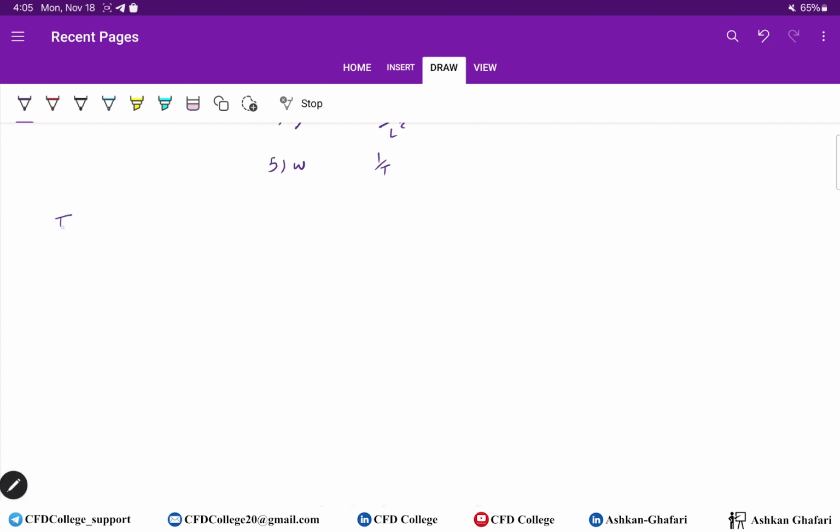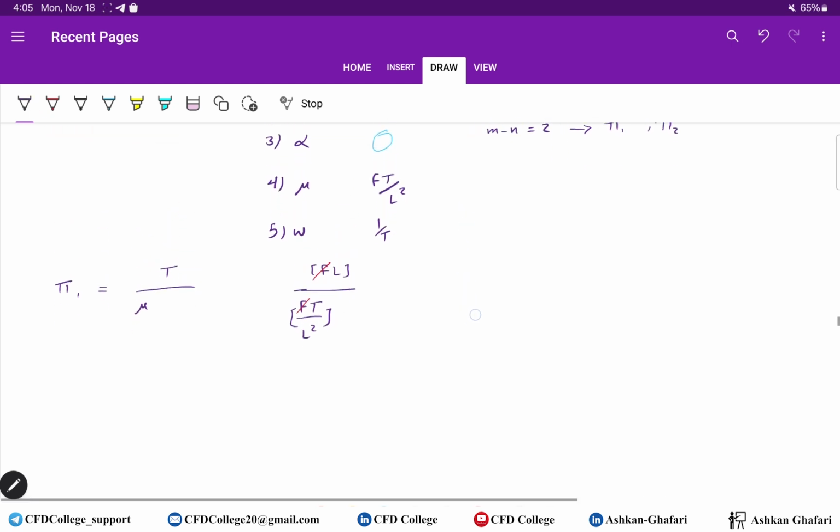So pi 1 equals, we have torque, F times L. So we need to cancel F. It's obvious that we need mu here, F T over L square. Now F is gone. We have T here.